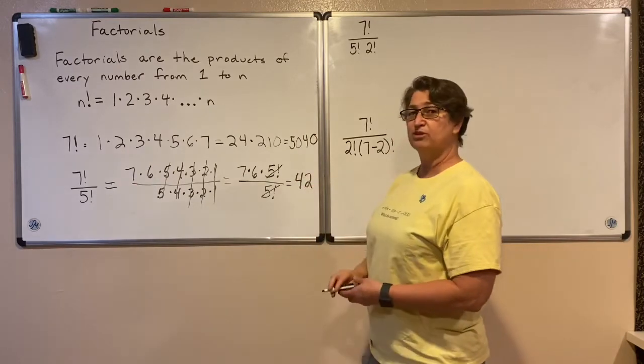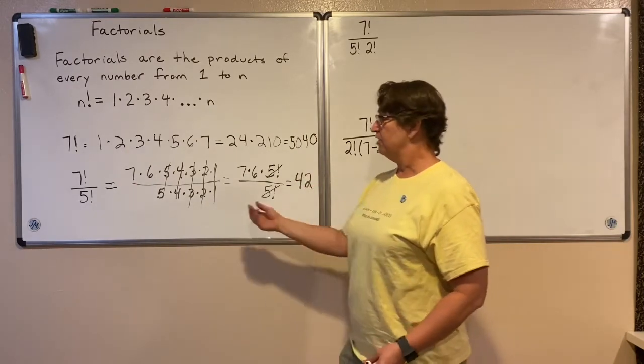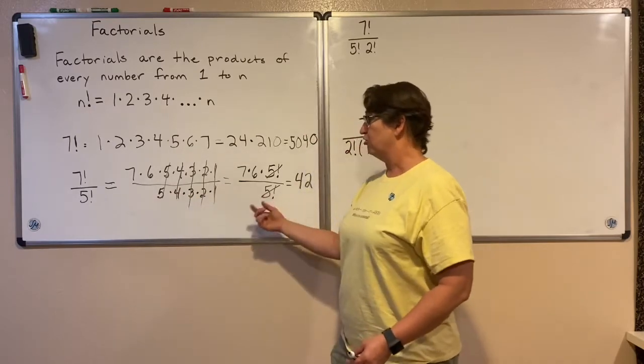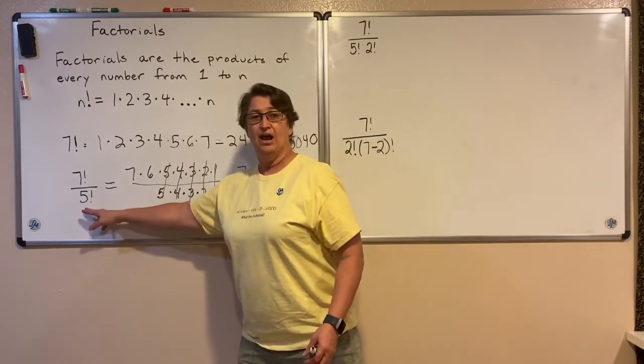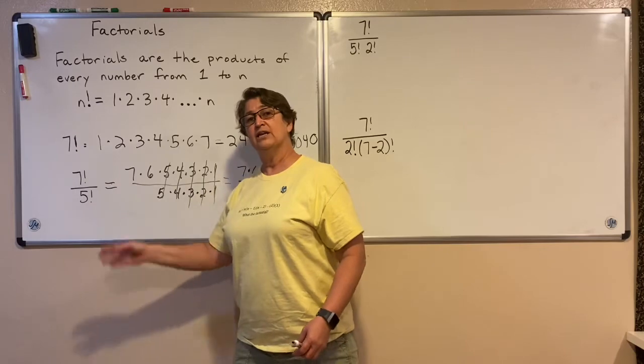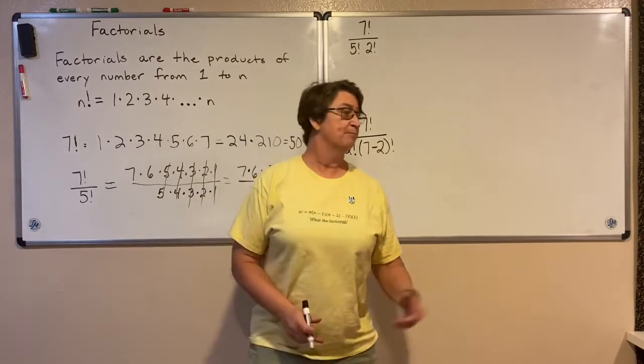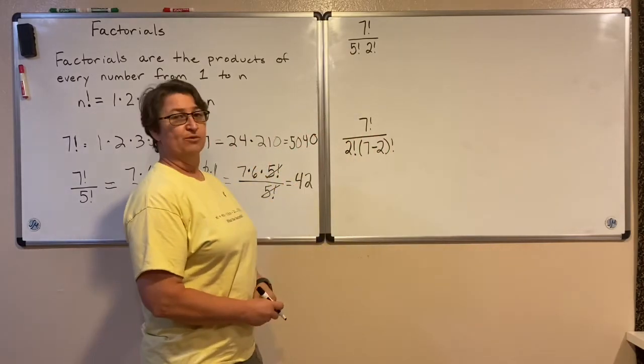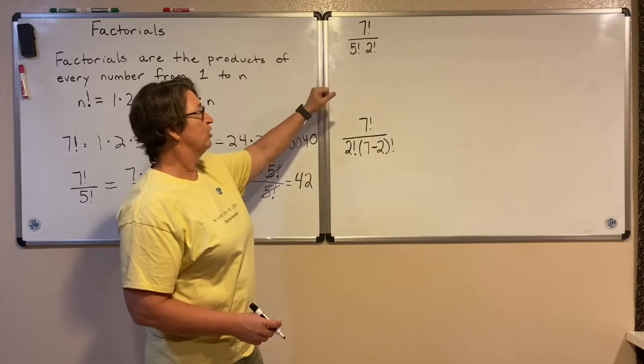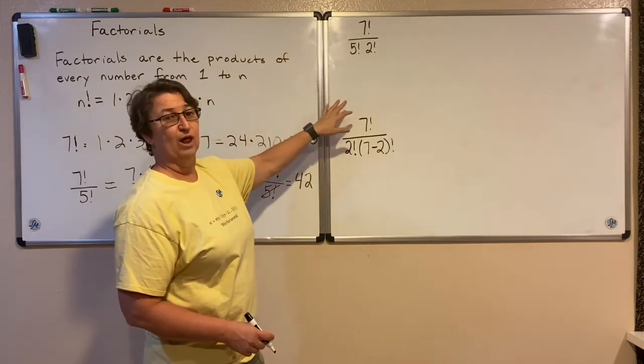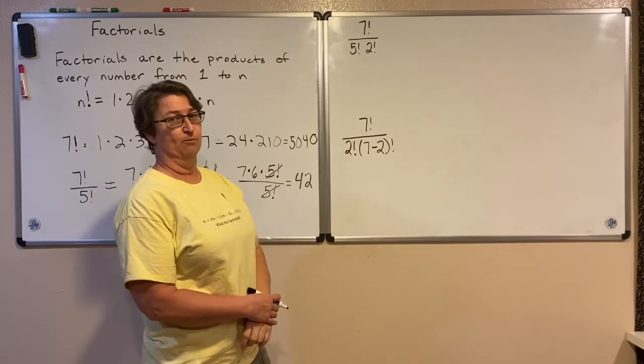As our problems get more and more complicated, this may be handy to do so that we stop at a number so that we can cancel out or simplify. Let's do another example. Here I have 7 factorial over 5 factorial and 2 factorial down there on the bottom.